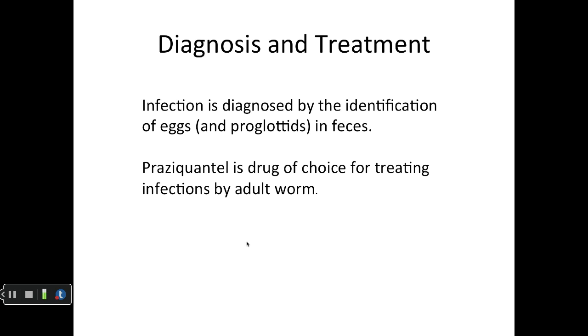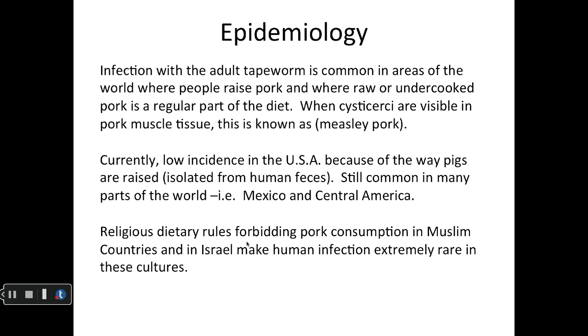Now, cysticercosis, on the other hand, is extremely dangerous. Now, the adult tapeworm is diagnosed by simply finding eggs and/or proglottids in the feces, and it is very easily treated with praziquantel. So if you diagnose someone with this tapeworm, you can administer usually just 1 or 2 doses of praziquantel, and the worm will die and be released.